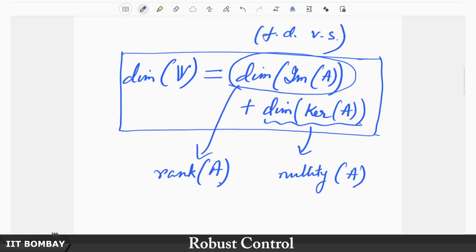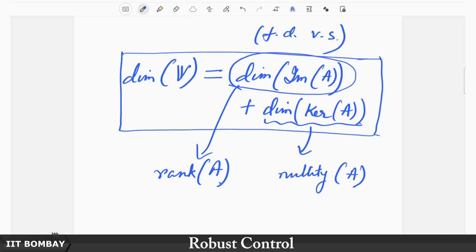In that case, every element that you pick in W will find some element in V that gets mapped to it, but because V is richer, there might be some other elements in V which, when added to these elements in V that map to the element in W, make no difference.